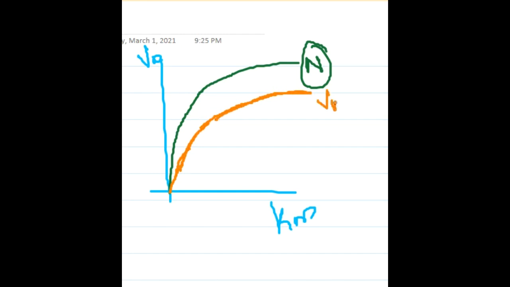So if you see, this is the Vmax. So here Vmax is decreased in non-competitive inhibition, but Km is constant.